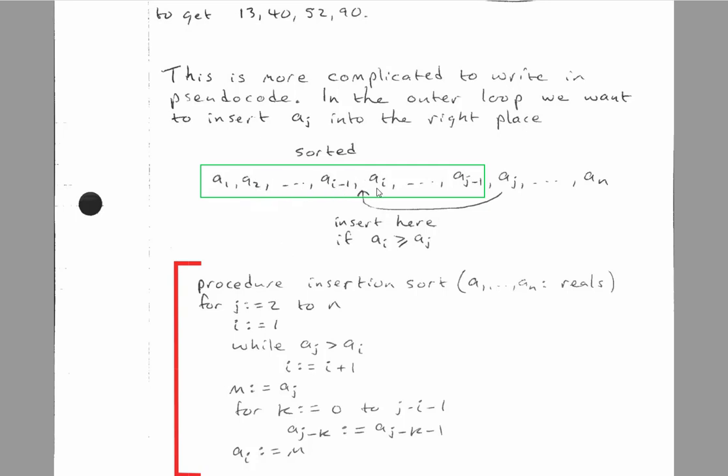Well, eventually this condition has to become false. Certainly it's false if i is equal to j, but before that you could find some a sub i that's greater than or equal to a sub j, so that's going to make this false. That tells us we need to put the a sub j in here before that a sub i.